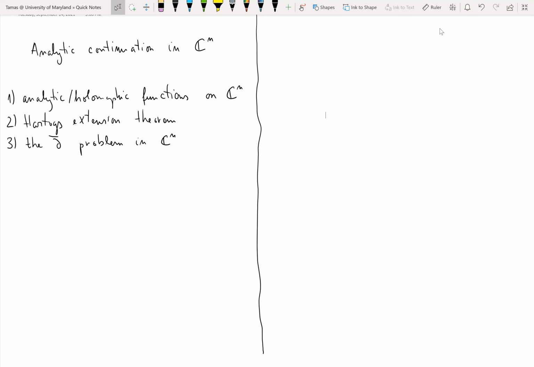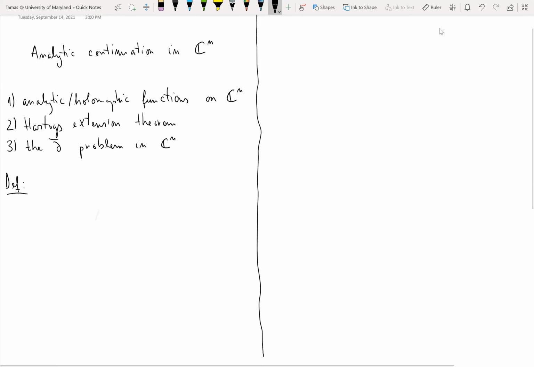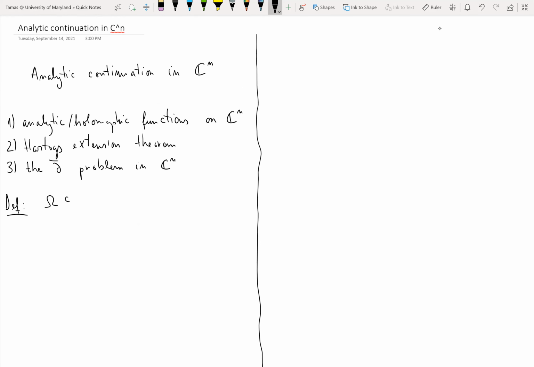So let's start with the definition of analytic functions in C to the n. So pick an open subset omega of C to the n.